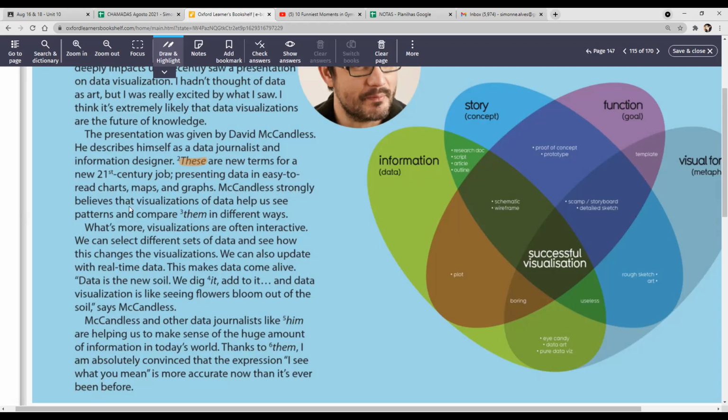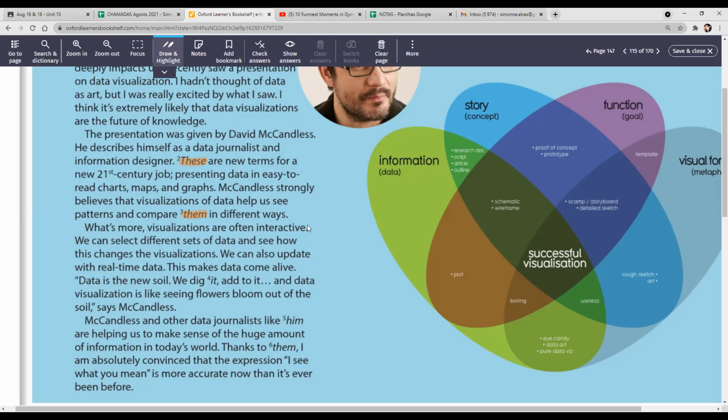McCandless strongly believes that visualizations of data help us see patterns and compare them in different ways. So what does them refer to? Maybe visualizations of data help us.